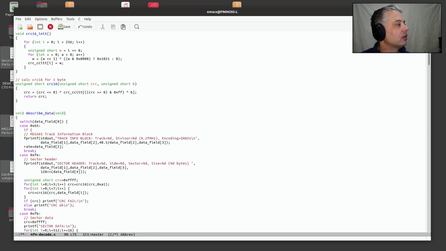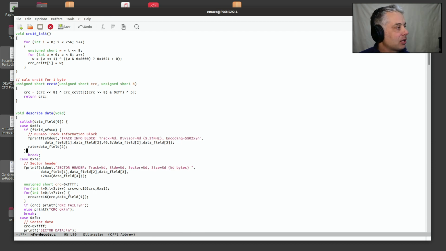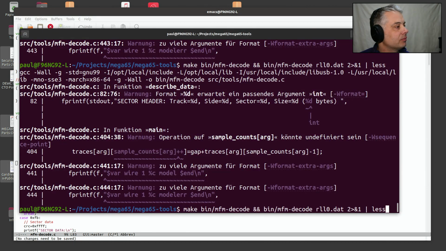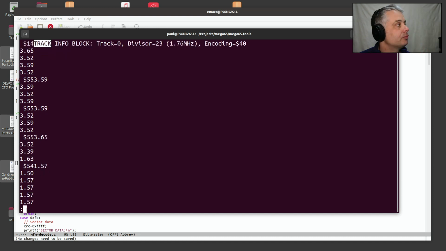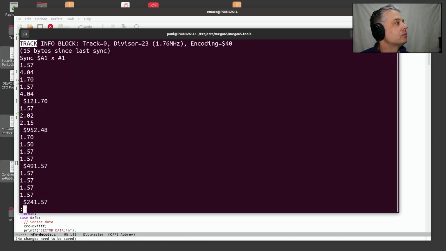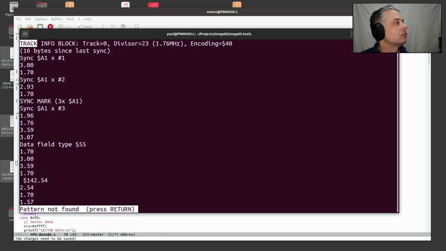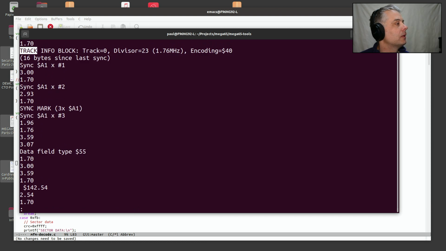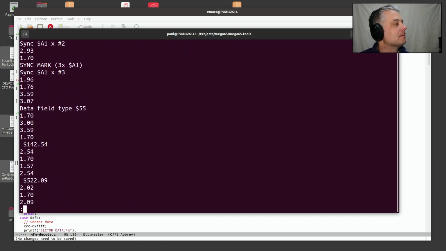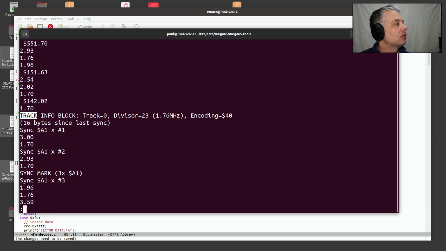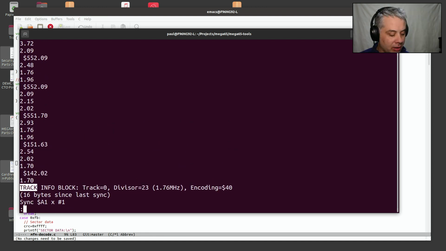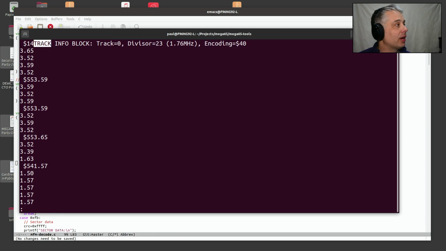If field offset is greater than 6, because otherwise we're decoding it multiple times even though we haven't actually got new stuff in there. So then there's another sync mark. Okay. So I think we're on the way here.